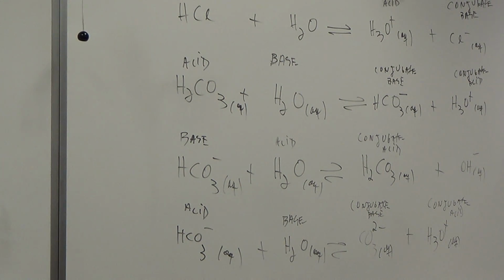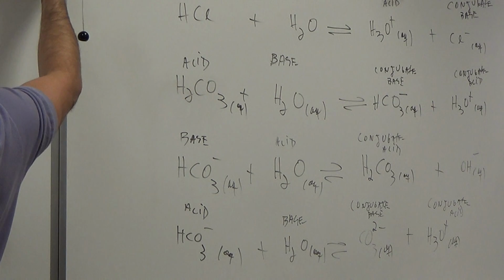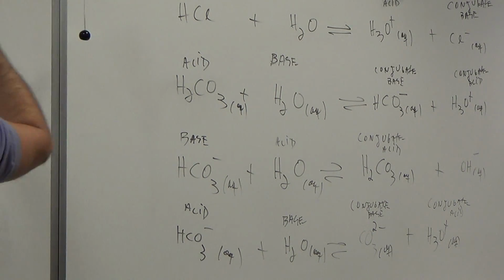So, let's make that official, yes? HCl, HBr, HI, what else? HClO4, HClO3, HNO3, H2SO4. Is that 7 of them?